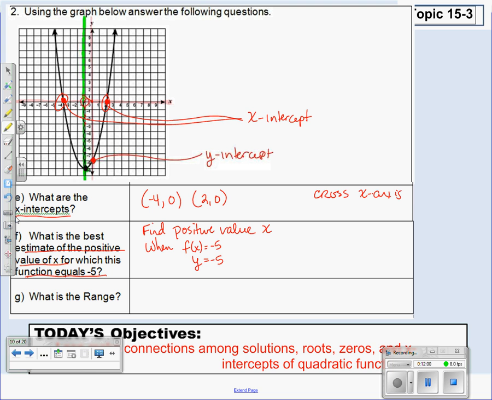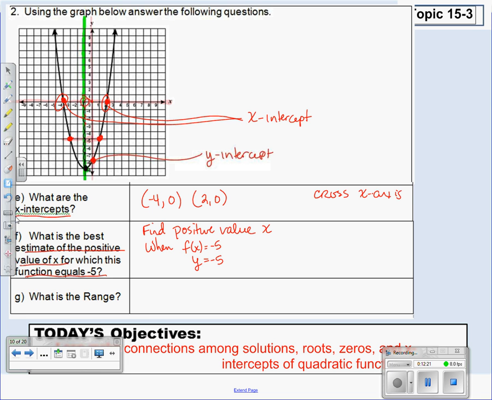Using my highlighter again, I'm going to go on the y-axis where y is equal to -5. If I draw a line until I touch the graph, that'll show me the points where y is equal to -5. So I have 2 points where y is equal to -5. I need to know what the x values are.